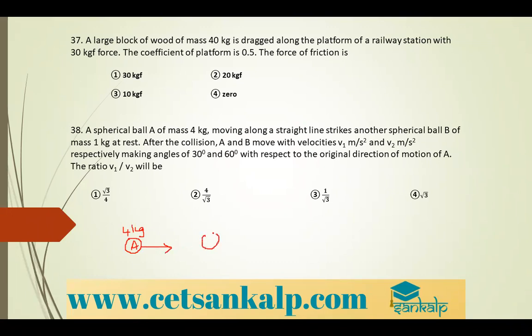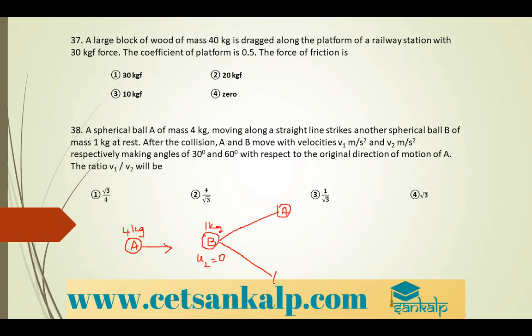Another ball is at rest, that is B, which has 1 kg. So that is u2 equal to 0. After the collision, it moves with a velocity.